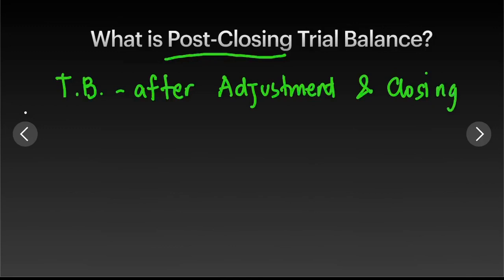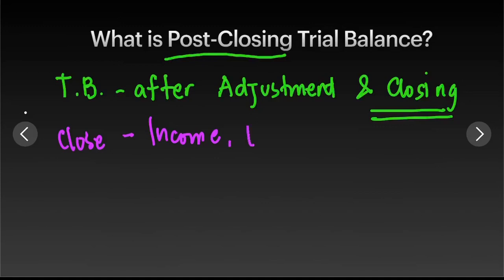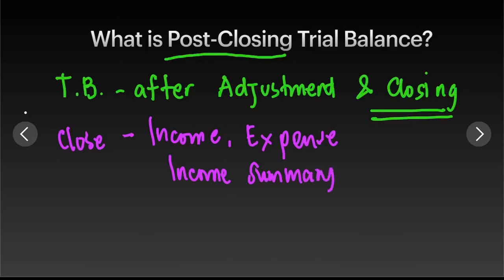So just a little recap, what we close under the closing are: we close our income, we close our expense, we close the income summary, and we close our withdrawals.